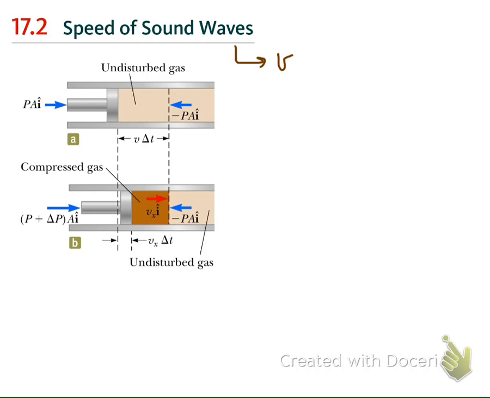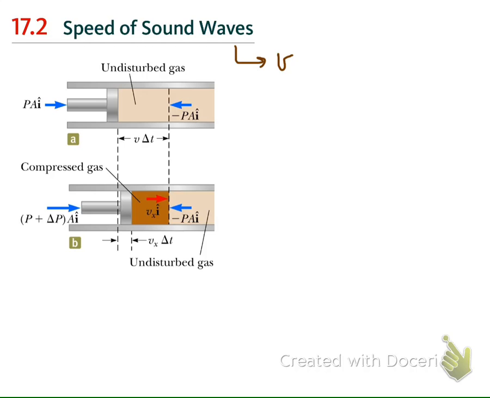In the equilibrium configuration for the undisturbed gas, the pressure on this face of this element and the pressure on this face of this element are equal because the system is in equilibrium.